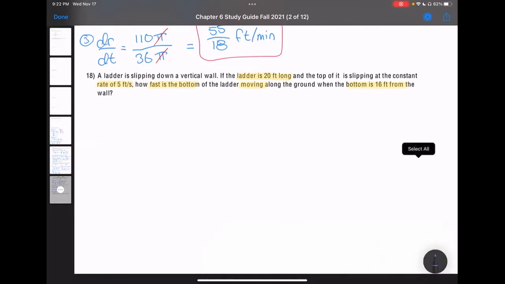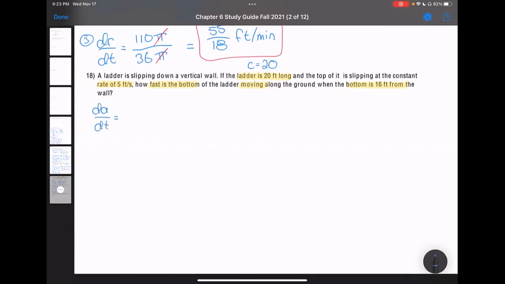So the ladder is 20 feet long. I'm going to give that the value of C, 20, because if we're thinking Pythagorean theorem, the ladder is leaning on the wall, so it's the hypotenuse. The top of it is slipping at a constant rate of 5 feet per second. So the wall will have A. So dA dt is the rate of change.